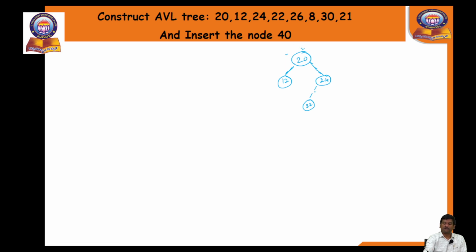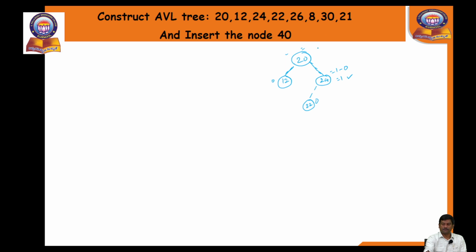So the balance factor of the leaf node is 0, and the balance factor of this node 12, that is a leaf node, is equal to 0. And coming to the node 24, the balance factor is the height of the left subtree, that is equal to 1, minus the height of the right subtree, that is equal to 0, that is equal to 1. This is allowed. So here you need to check the balance factor of the node 20.